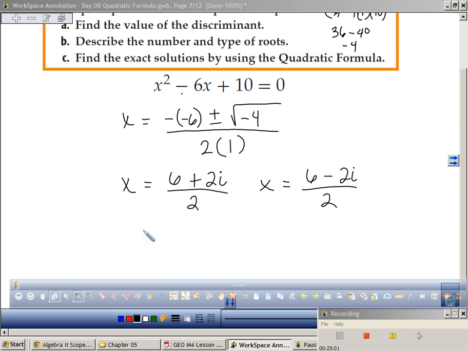Are we done? No. Why? I can simplify it. How? Dominic, how? Okay, so tell me what I get. 3 plus i and 3 minus i, right? When I take a 2 from everybody?